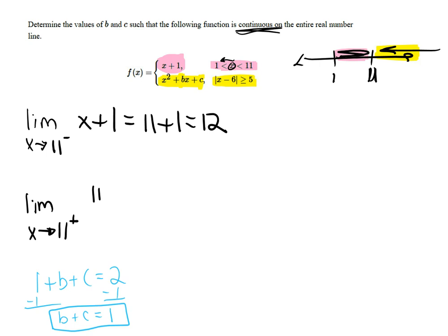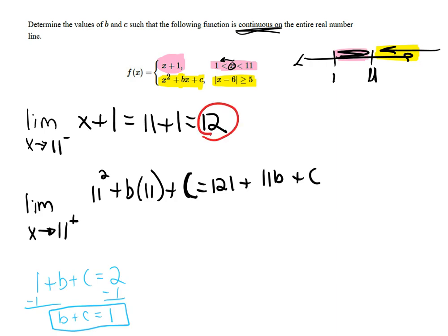So that's going to be 11 squared plus b times 11 plus c, which would be 121 plus 11b plus c. So now what I'm going to do is take this and set it equal to that.